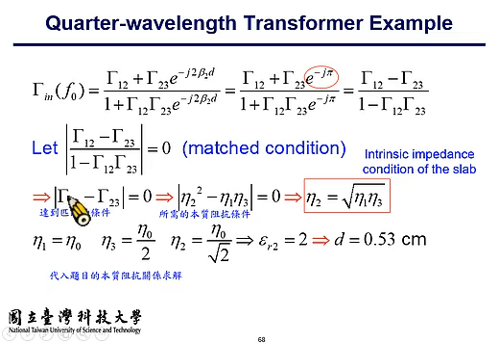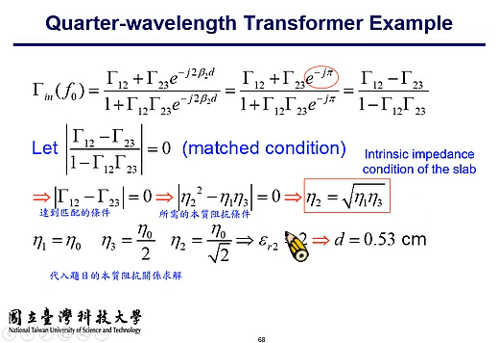If you substitute the reflection coefficients, you end up with the relationship that eta 2 squared equals the product of eta 1 and eta 3. Here you substitute the intrinsic impedance into the reflection coefficient. So the intrinsic impedance of median 2 should equal the square root of the product of the intrinsic impedances of median 1 and 3.